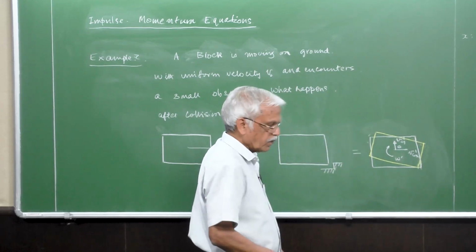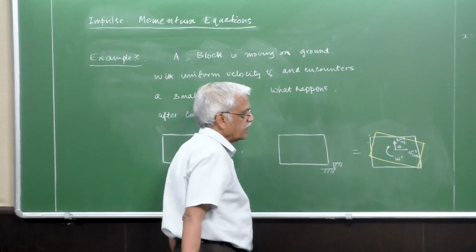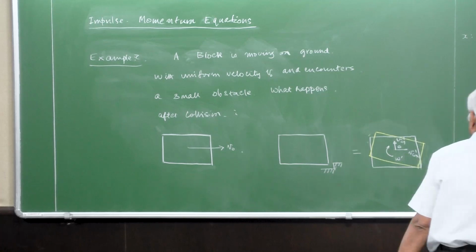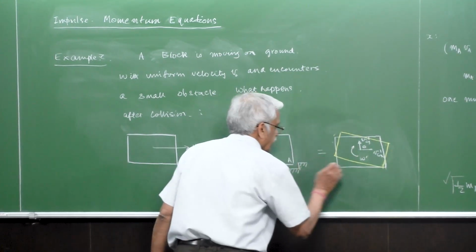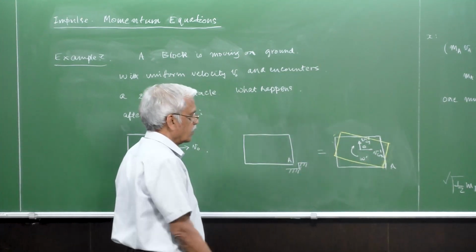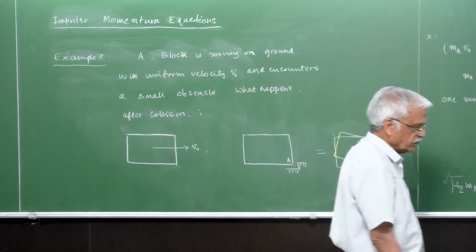So what's happening here is that this is coming and hitting this one, and then this is going to topple. The important point here is that about A, it's going to topple. So there are several cases here.